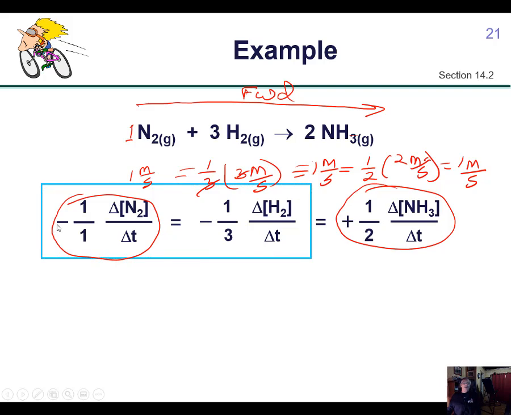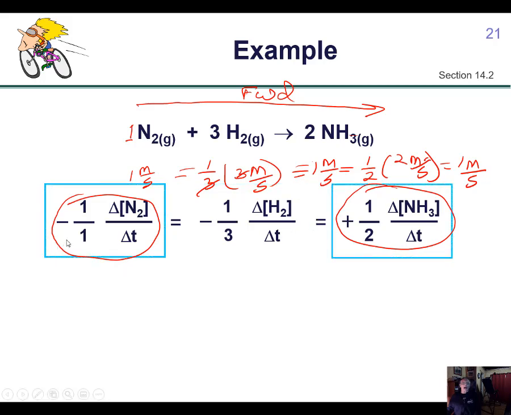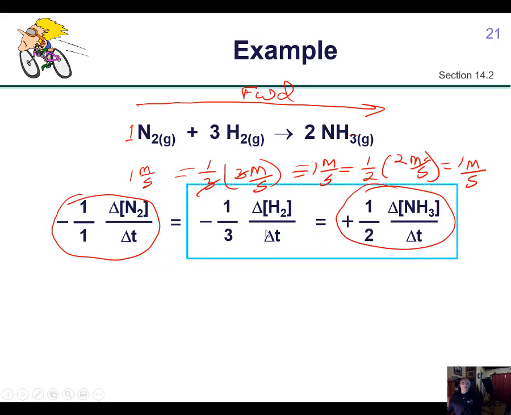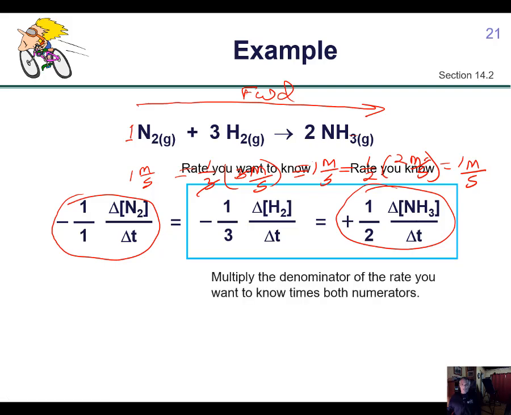We're now going to relate the rate of disappearance of nitrogen to the rate of disappearance of hydrogen. And we're going to relate the rate of disappearance of nitrogen to the rate of appearance of ammonia, and finally the rate of disappearance of hydrogen to the rate of appearance of ammonia. Let me show you how this is going to work.